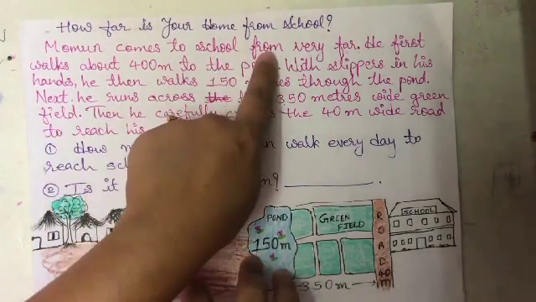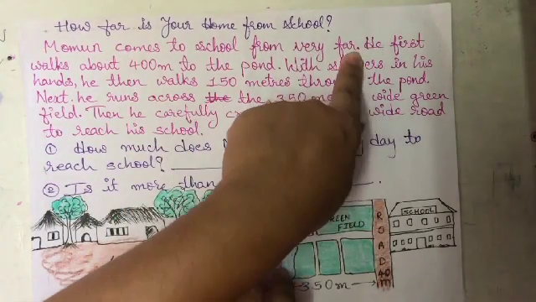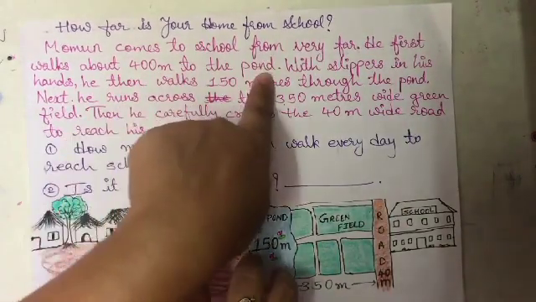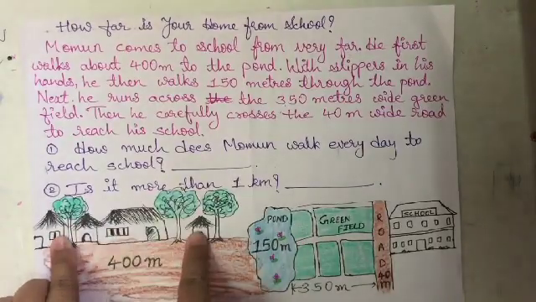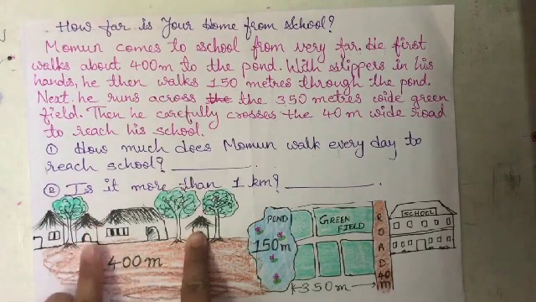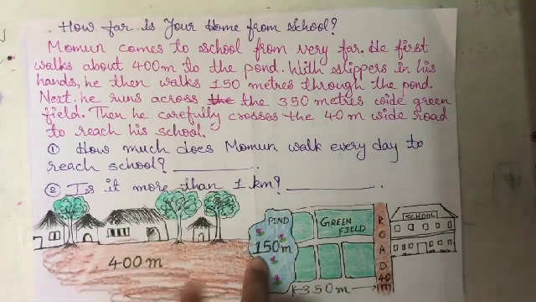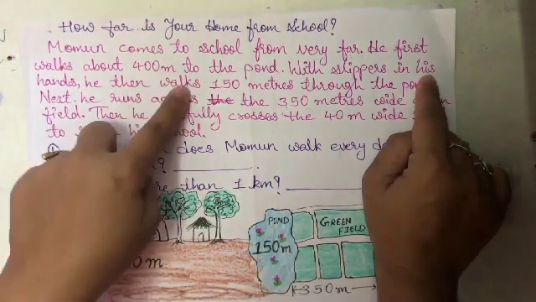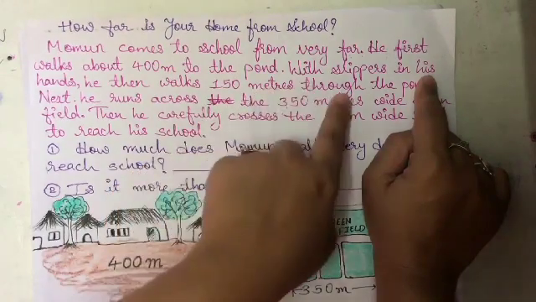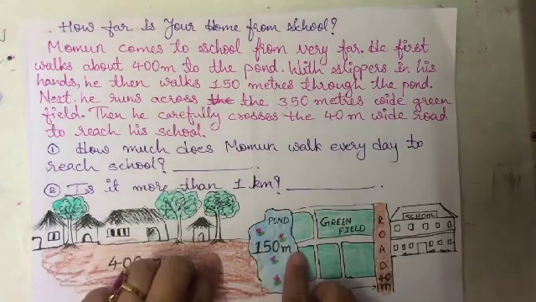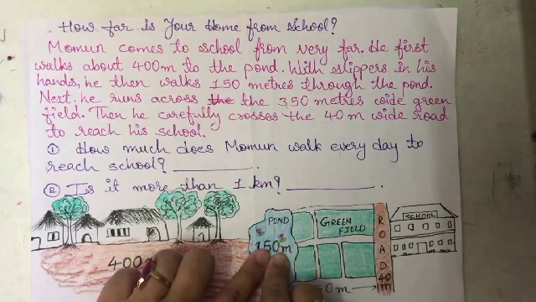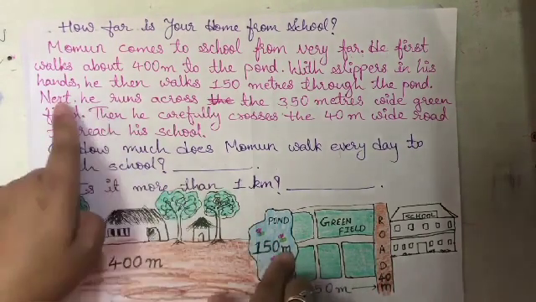Momun comes to school from very far. He first walks about 400 meters to the pond. You can see these huts over here, houses. This distance is 400 meters. Fine. With slippers in his hands, he then walks 150 meters through the pond. So when he passes through the pond, how many meters did he pass? 150 meters.